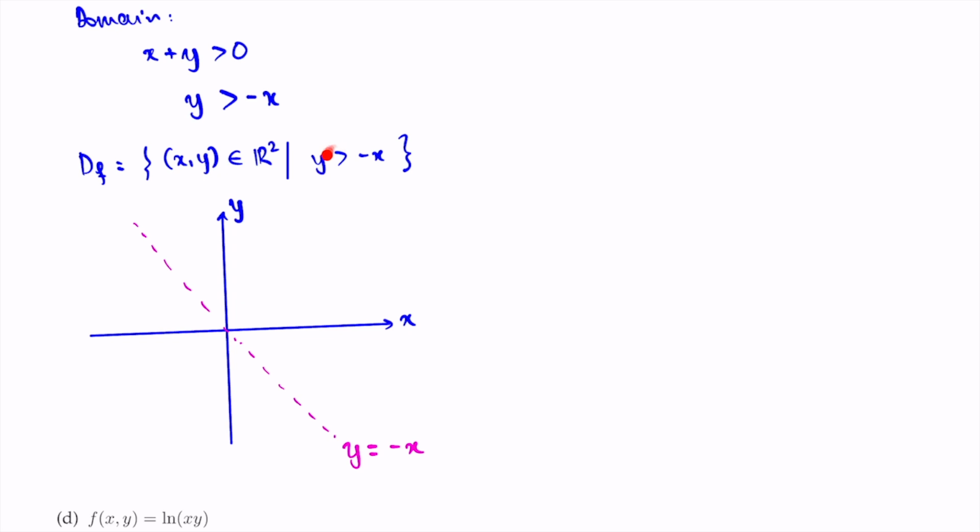Now the domain of this function is all the points in R2 such that y is greater than negative x. So you just choose this part of the plane as the domain of the function. And you're not going to choose this part because this part tells you that y is less than negative x. So this is the domain of the function.